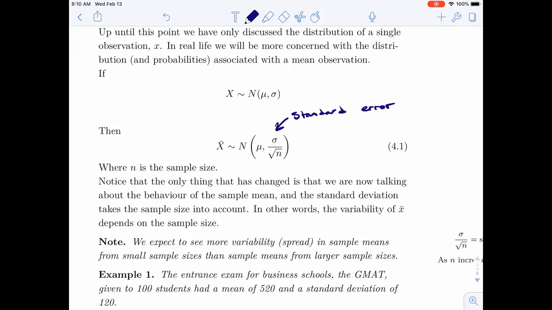So what happens is, to get a mean, x bar, we have to have a sample, right? We have to have a sample size. If you think about, well, what if I just have a sample of 1? Then n would be 1. The square root of 1 is 1. Sigma over 1 is just sigma.